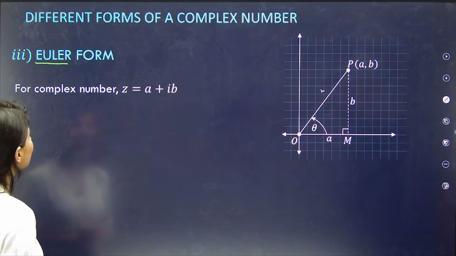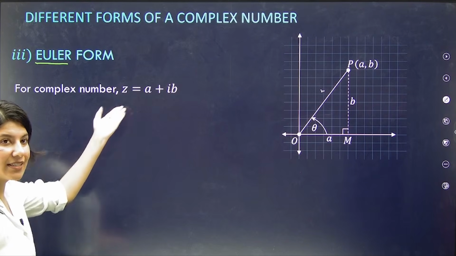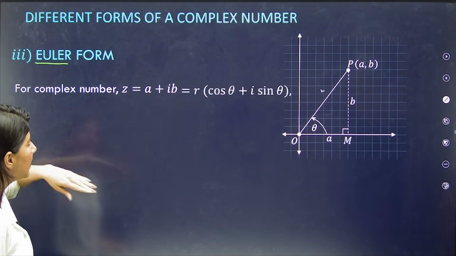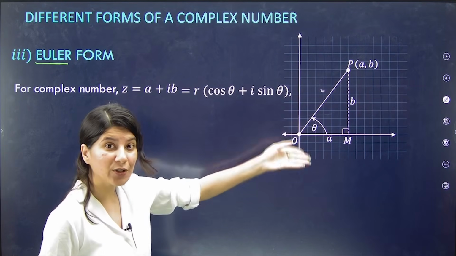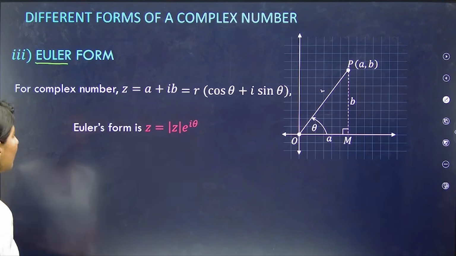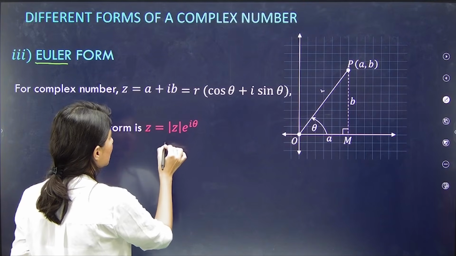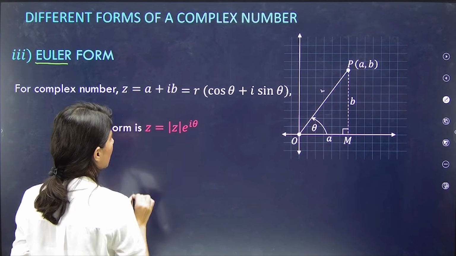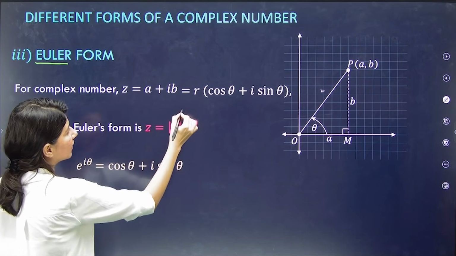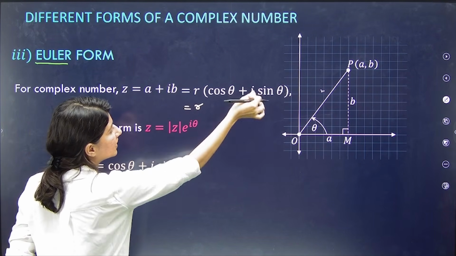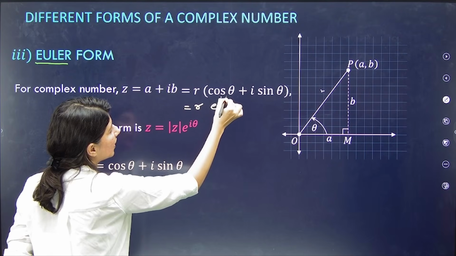So the algebraic form a plus iota b is equal to the trigonometric form r cos theta plus iota sin theta. Now the Euler form will be z equals r e raised to power iota theta. So this is r, and cos theta plus iota sin theta is e raised to power iota theta.